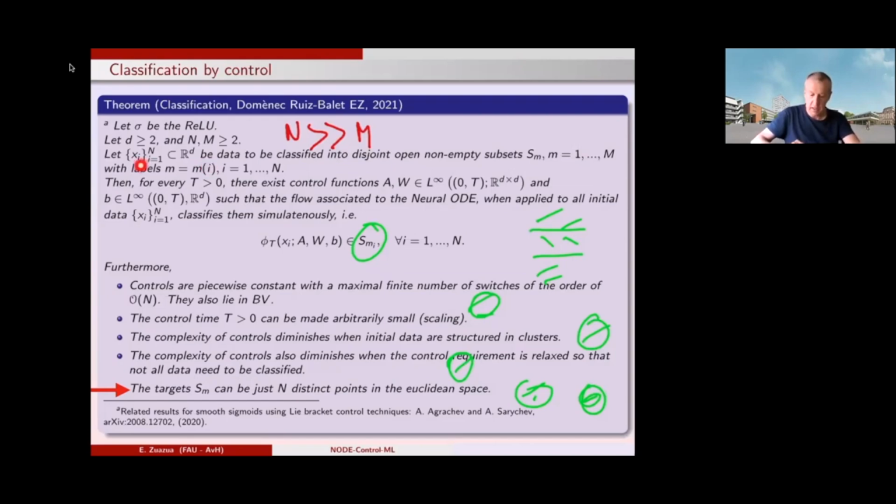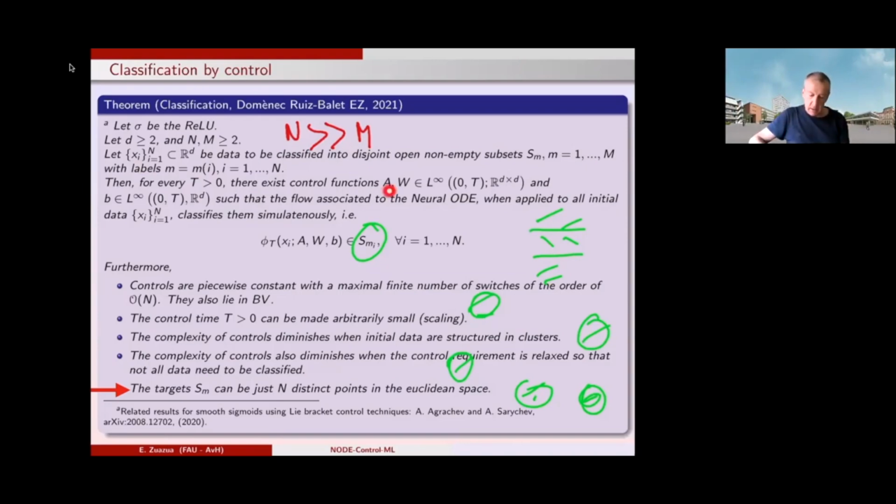This means that for every point, according to the color, you know what the corresponding target set should be. Then for every time, I know also the time doesn't really matter, because I can always compress or dilate time to fit my control classification piecewise constant algorithm within this time window.